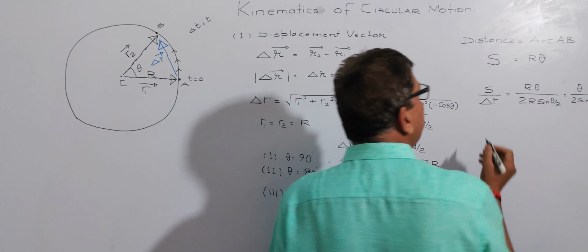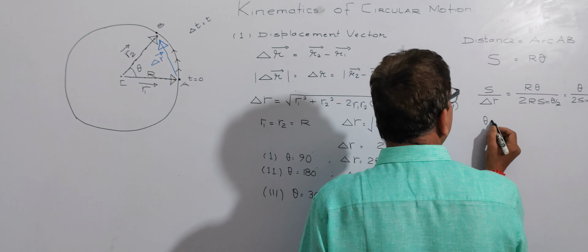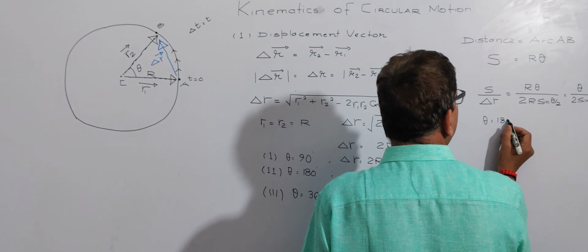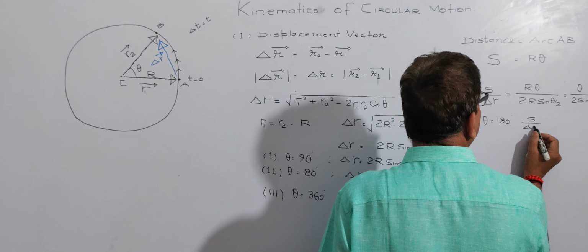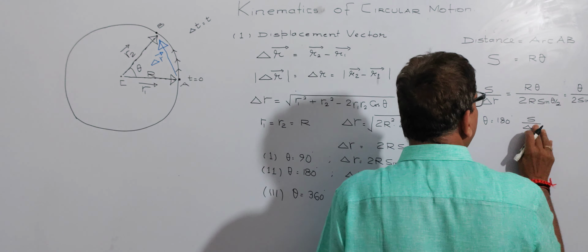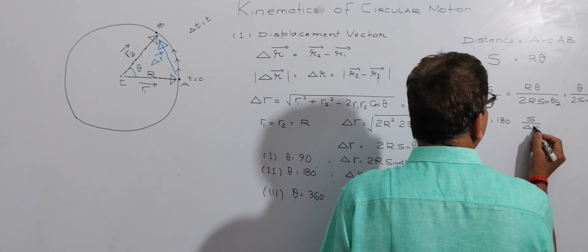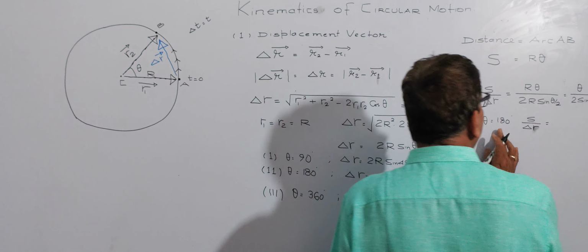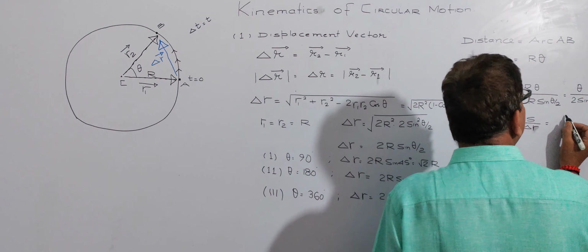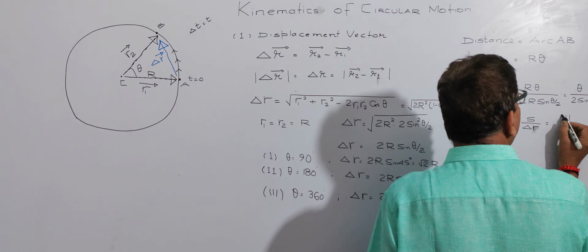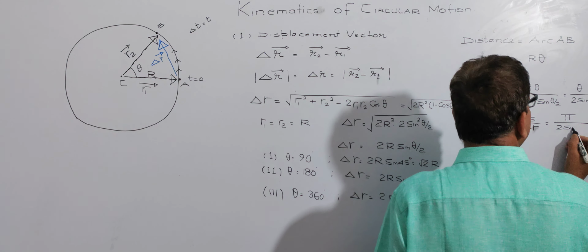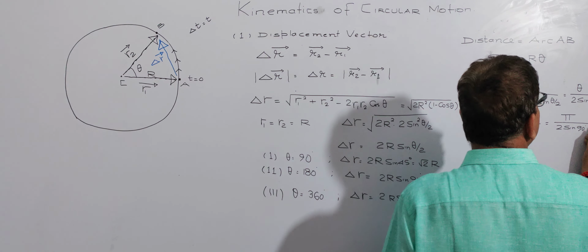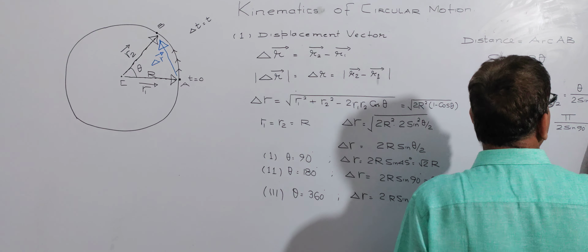Suppose one example, when theta is equal to 180 degrees, I can find the value of S by delta r. You can see 180 degrees means pi radian, pi by 2 times sine of 90 degrees. So this can be written as pi by 2.